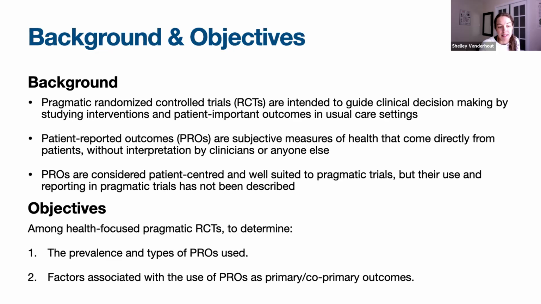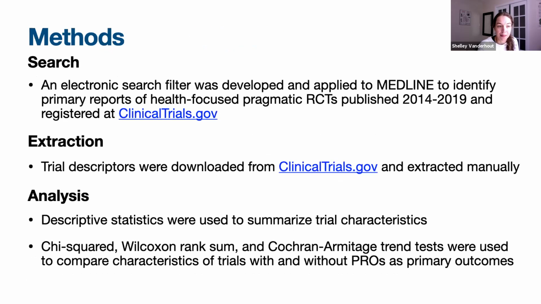So the objectives of this study were to determine the prevalence and types of PROs, as well as factors associated with the use of PROs among health-focused pragmatic RCTs. So in terms of methods, an electronic search filter was developed and applied to Medline to identify primary reports of health-focused pragmatic RCTs published between 2014 and 2019, registered at clinicaltrials.gov.